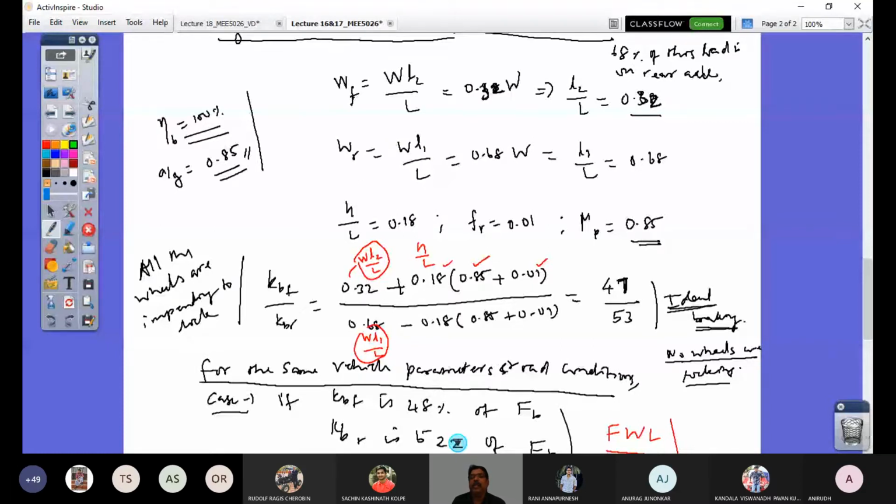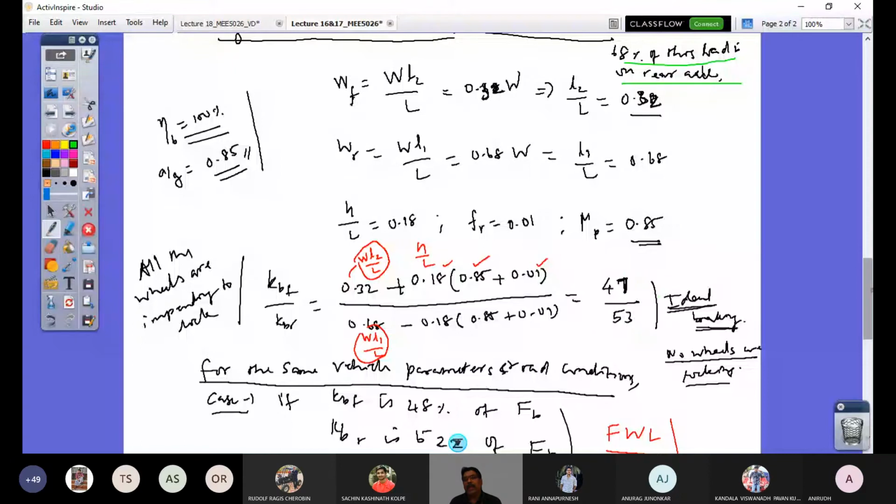So when you have that, you are able to find L2 by L and L1 by L, and then substitute. Finally, you arrive at the ratio of KBF by KBR as 47% by 53%. So according to this condition, it would be the case of ideal braking force, the ideal braking condition.